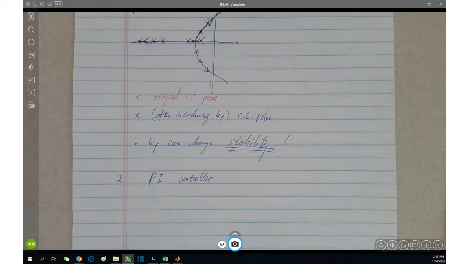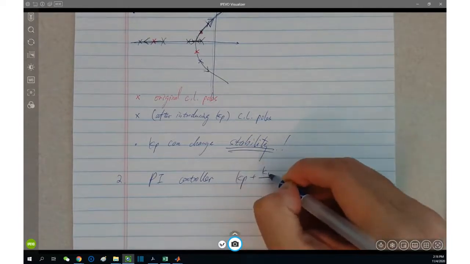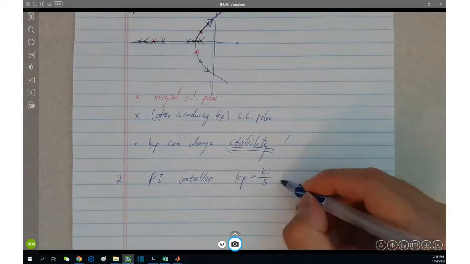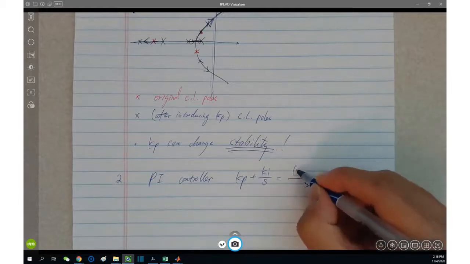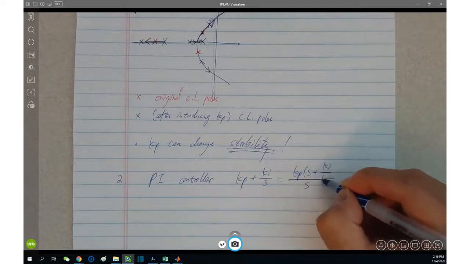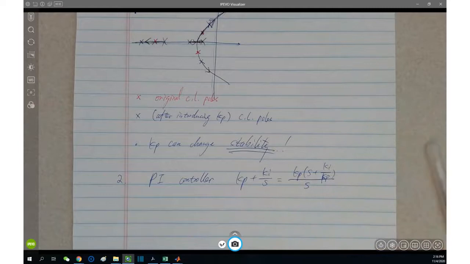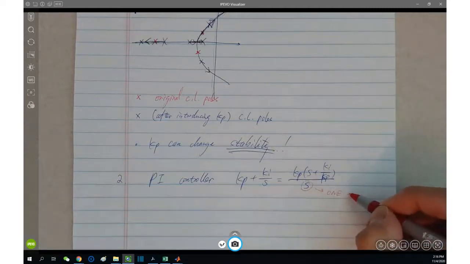PI is KP plus another integral term. If you organize it in such a way, you can tell immediately what PI is introducing. So from here, what is introducing? 1 zero pole.